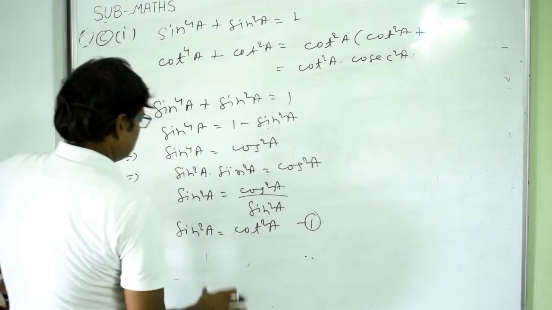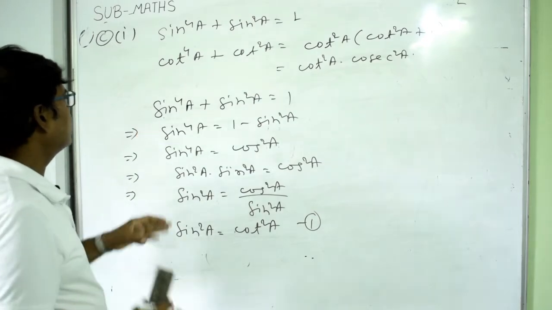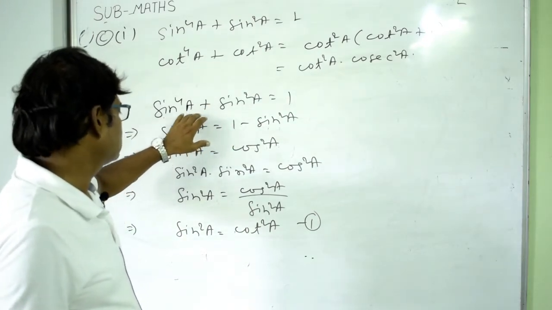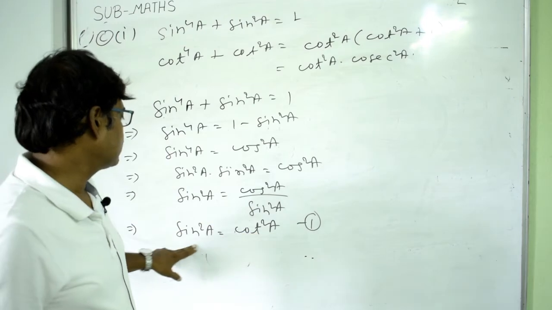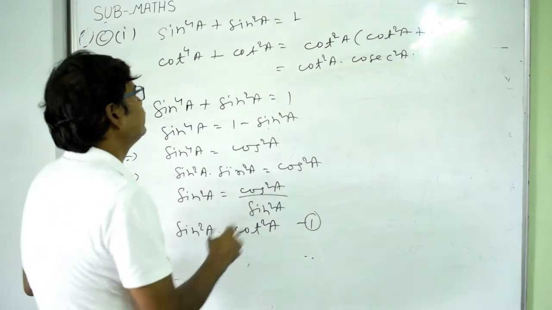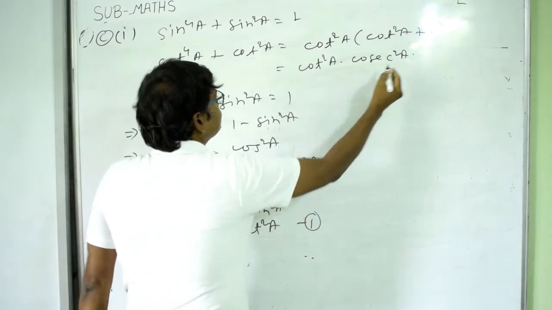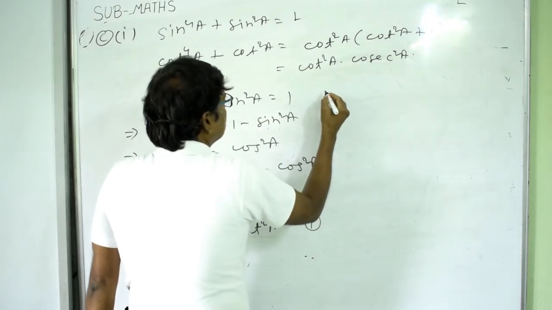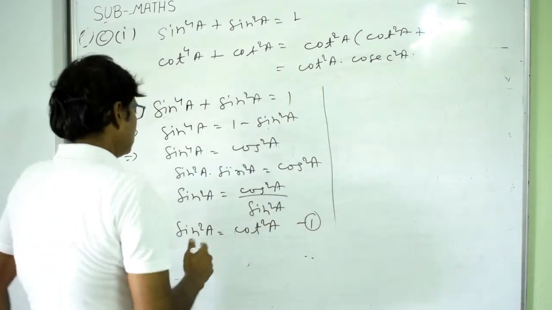Okay. Now see here that we are given this expression, and from this I have got cot square A equal to sin square A. Then use this value here. Now continue this here.